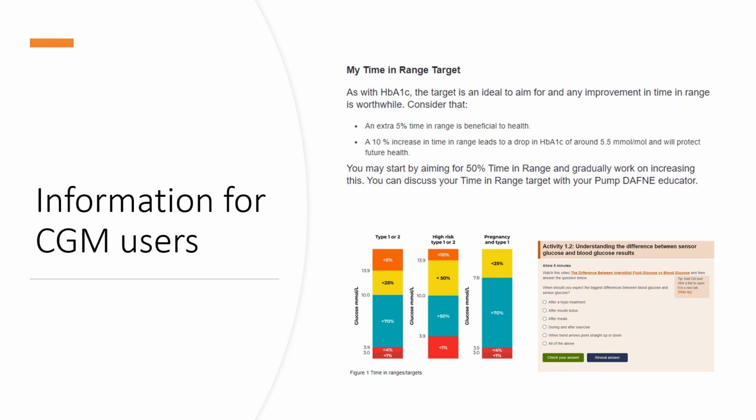Week 1 builds on discussion in the introductory call around glucose checking and glucose targets, as you'll be aware from review of the content of Week 1. DAFNE glucose targets are introduced with more detailed information about the difference between blood and sensor glucose, time in range and HbA1c.